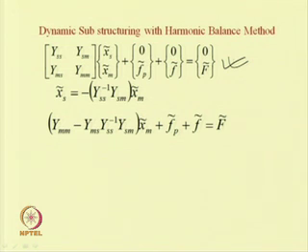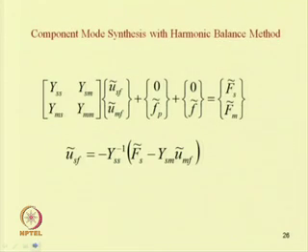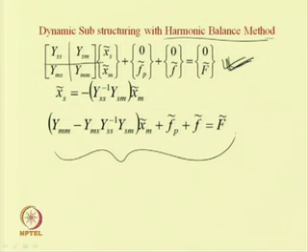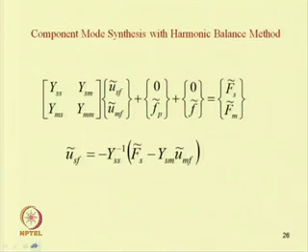So, by using dynamic substructuring, we initially obtain this equation, and after getting this equation, we can apply the method of harmonic balance to reduce it to this form, which can be solved using this Newton-Raphson method to find the solution.